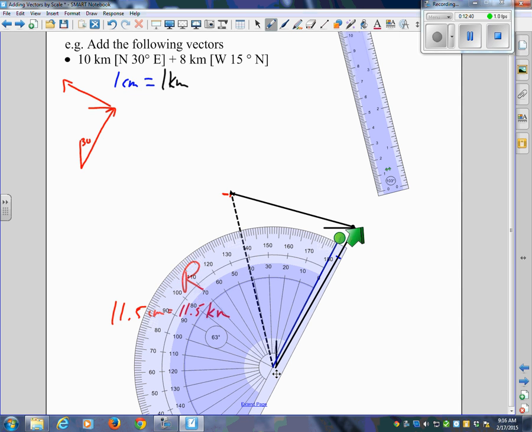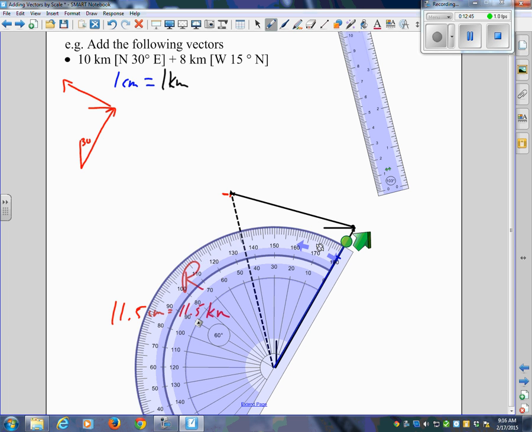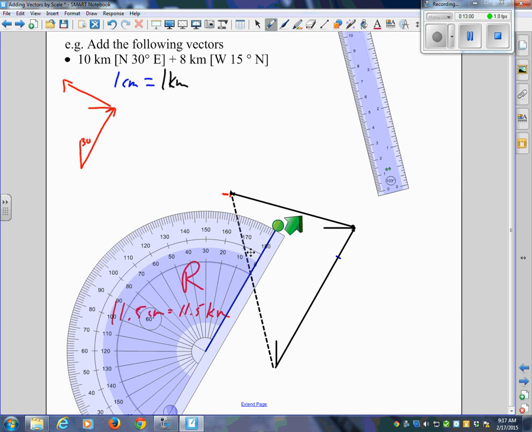I'm going to go 60 degrees. That's wrong. Why is this wrong? It's not going from the reference line. You don't measure from the other vector. You measure from north or south or east or west, generally. So it should really be like this.